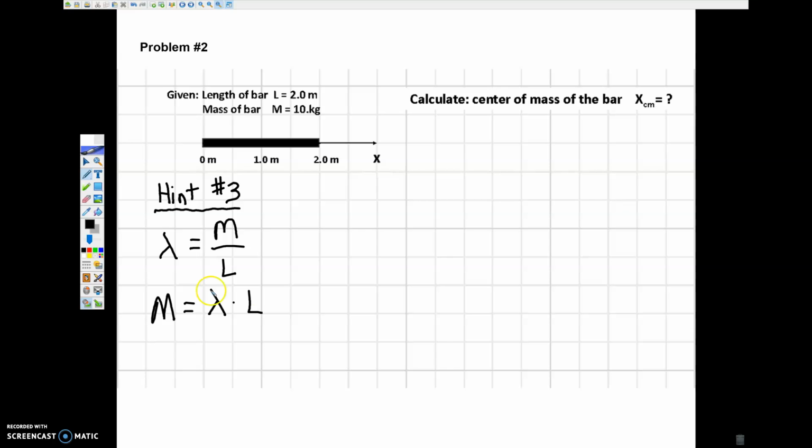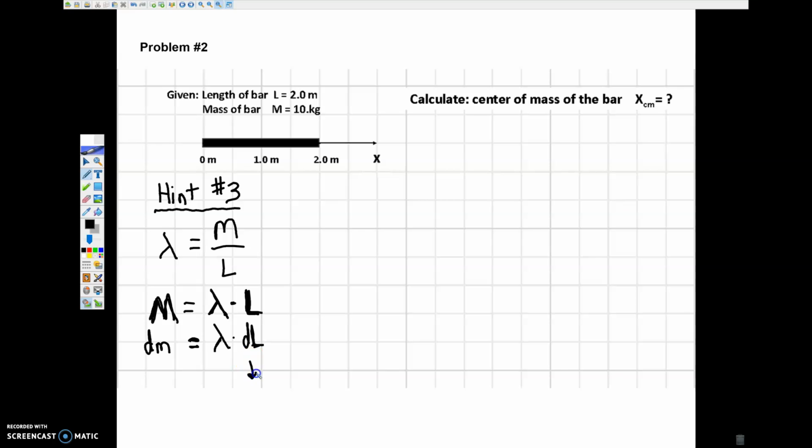So if you took the linear mass density and you multiplied it by the whole shebang length, you would get the whole shebang mass. However, if you took lambda and you multiplied it by a tiny piece of the length, dl, well, then you wouldn't get the whole mass, you would get a tiny piece of the mass, dm.